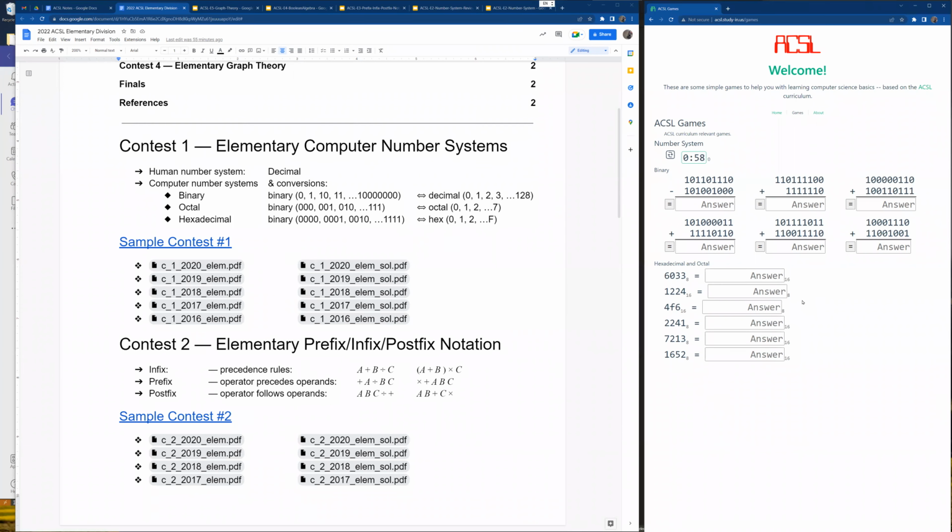So there's the conversions. And the most difficult part in this one is probably, if you have a few different numbers, an octal and a hex and a decimal number, and then you need to do multiplication.